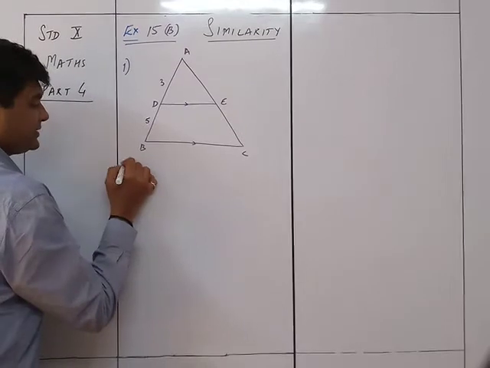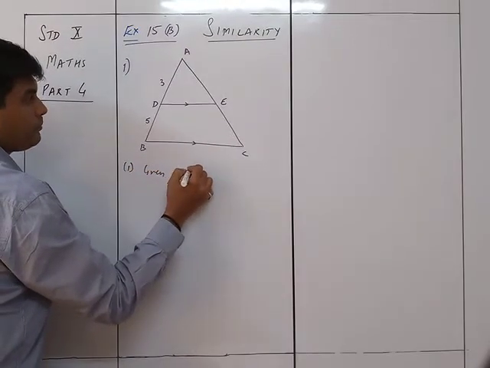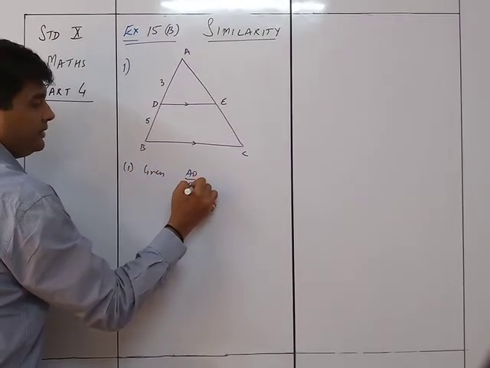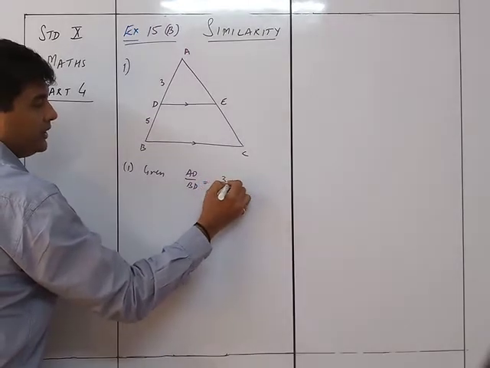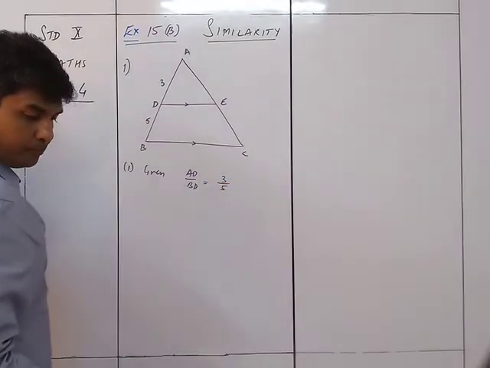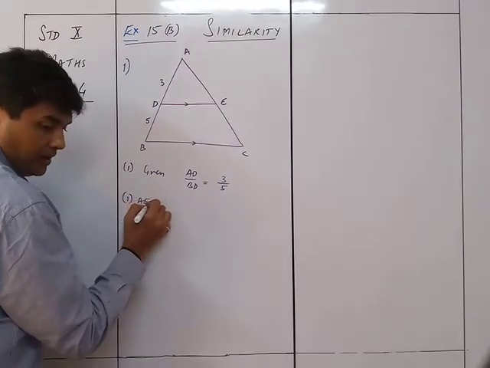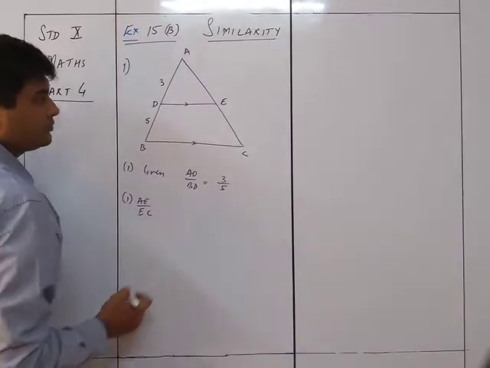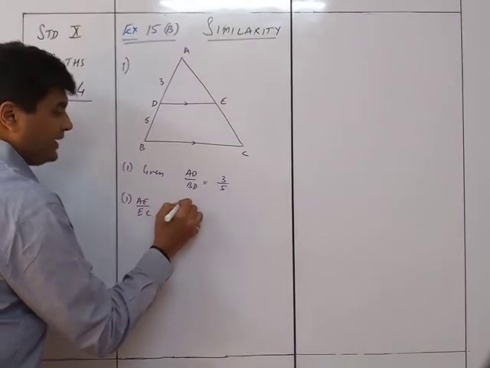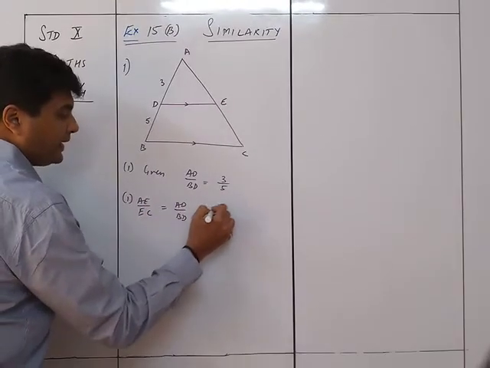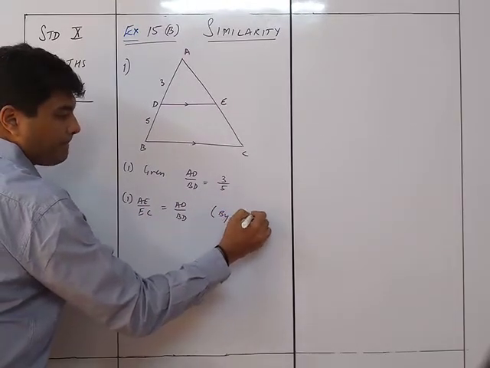So first thing is given: AD upon BD is equals to 3/5. First of all, we need to find out AE upon EC. So it is equals to AD upon BD by BPT.